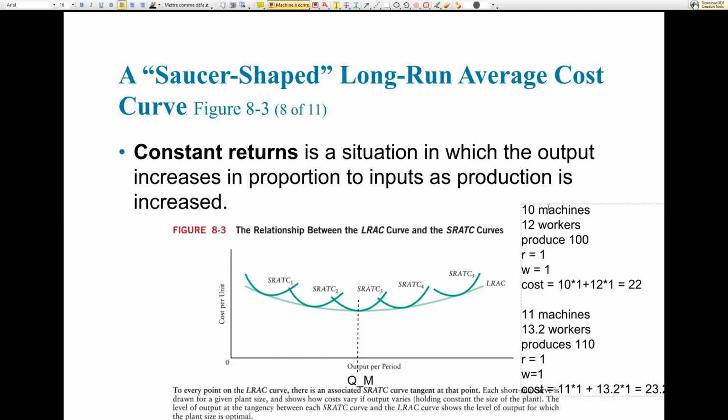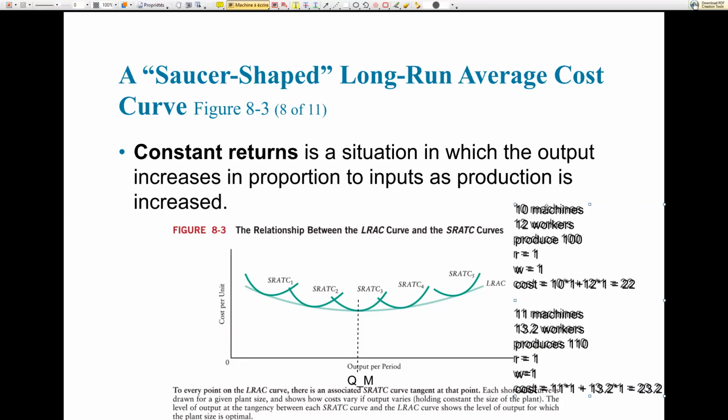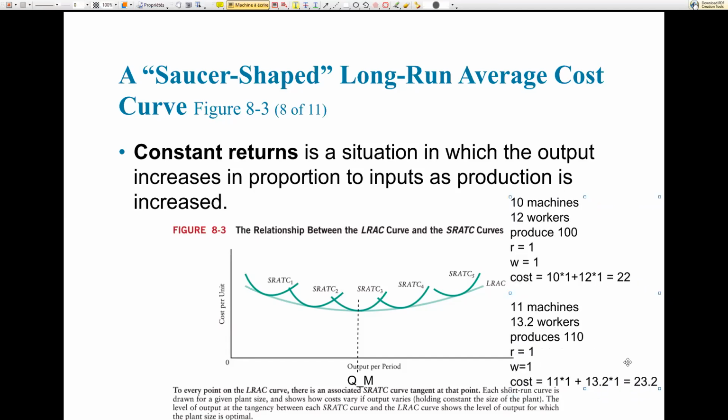But 11 plus 13 is 24, no? Oh yeah, sorry, 24.2, yeah. So that's basically I'm in a situation in which the output increases in proportion to inputs.